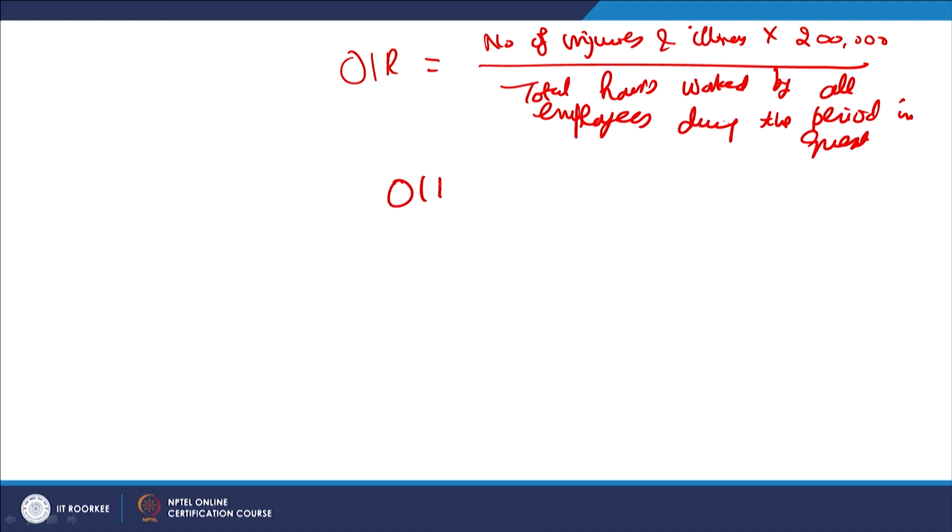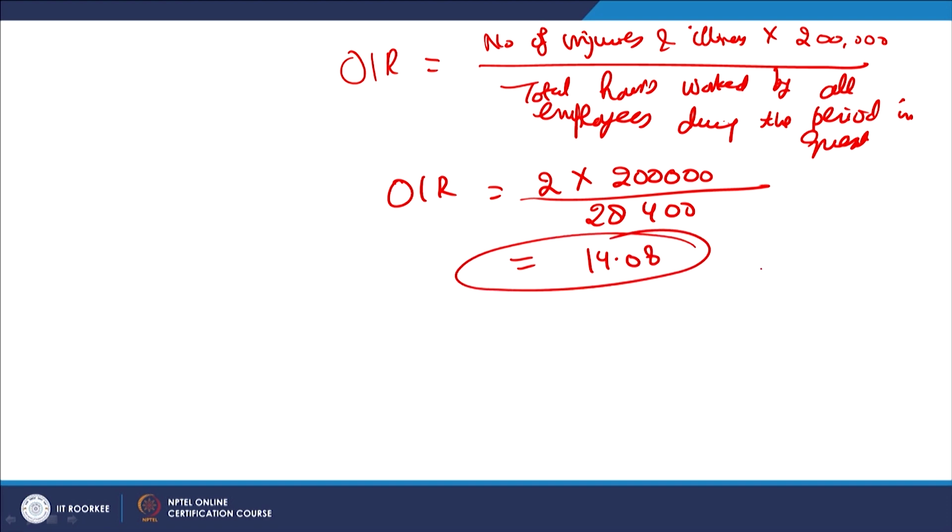So, OIR is equal to 2, because the number of injuries reported is 2, into 2 lakhs, divided by 28,400, because the total number of hours worked by employees is 28,400. So, it is 14.08. This is the answer.